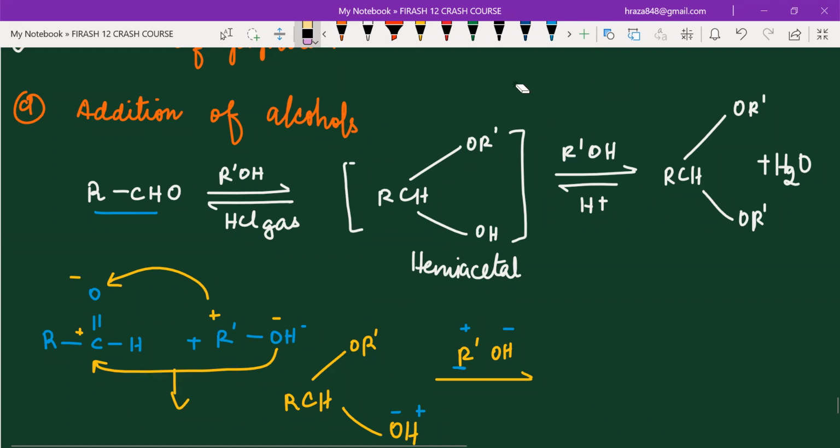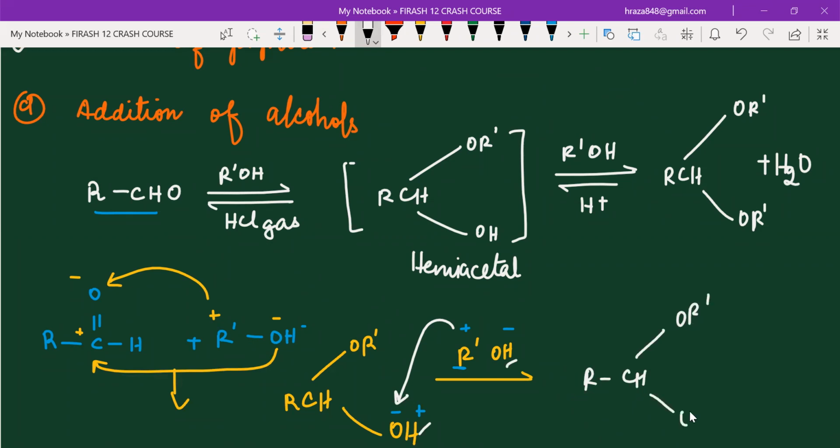See, this positive will go to this negative, and H plus and OH minus combine to eliminate. So this will be OR dash and this will be again OR dash, and H2O will be eliminated. If you replace this with this, the reactant will again appear as a product. That's why we change this. And this is your hemiacetal and this is your acetal.